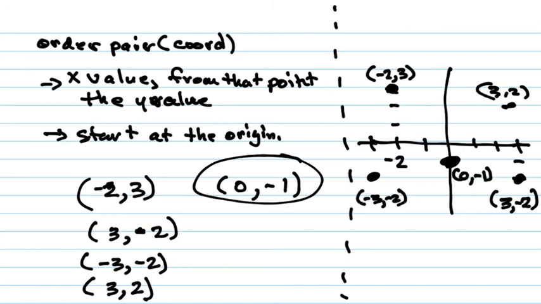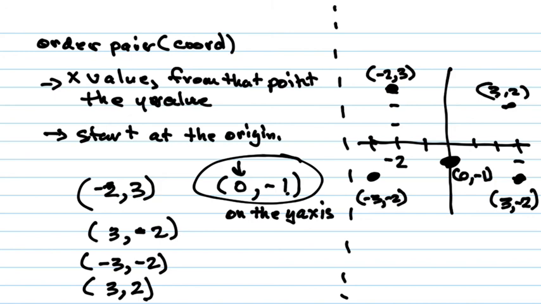In other words, because it was 0, -1, I landed on one of the axes. So any time one of your values is 0, you're going to land on one of the axes. Because you're either not going to go right or left, or you're not going to go up or down, depending on the location. In this case, it landed on the what axis? The y-axis. And we knew that because x was 0.